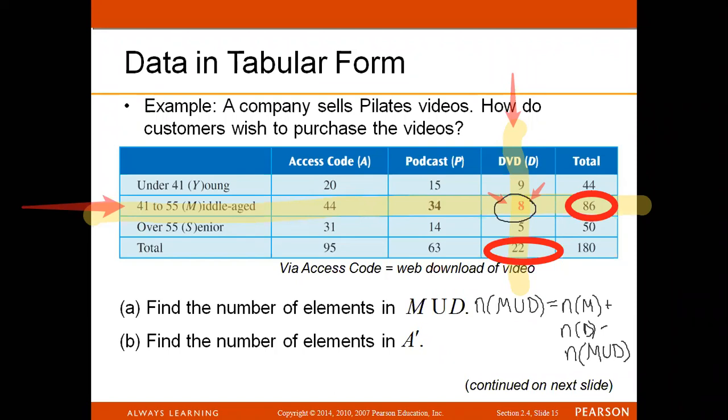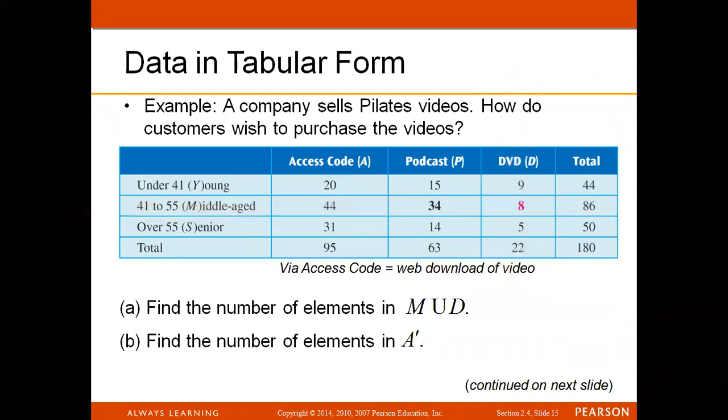So we want 86 plus 22 minus 8, or 100. Because 80 plus 20 is 100. 6 plus 2 is 8. Then we take away 8. So 100.